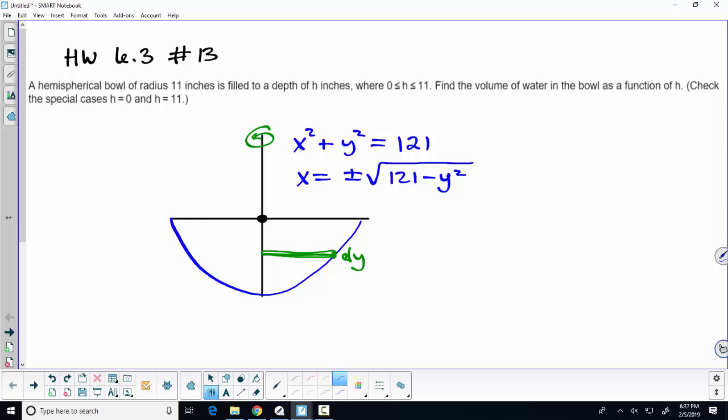What's x over in this region? Yeah, x in this region is positive, so we just want the positive root. We're not really thinking about this part. Once we rotate that around the y-axis, that's going to give us the solid.